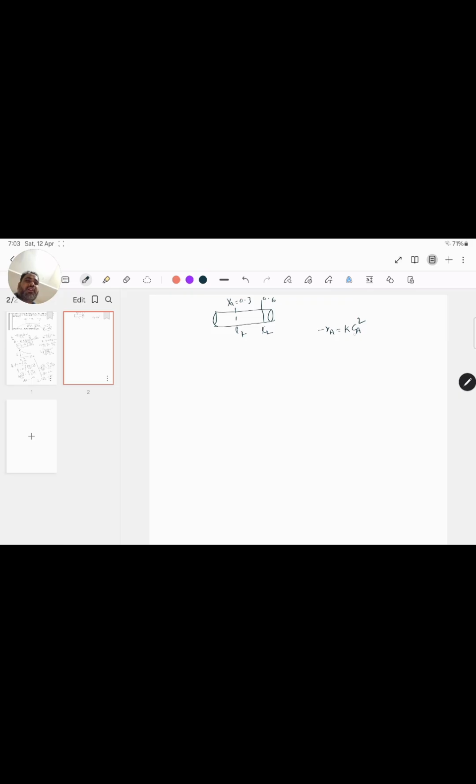Now you can check what the ratio L1 by L2 is. Is it the same or different if you change the order of the reaction? Similarly you can do it for K into Ca, the first order reaction: what is the effect on L1 by L2? These are the modifications you can make to the problem, and you can do it as homework.